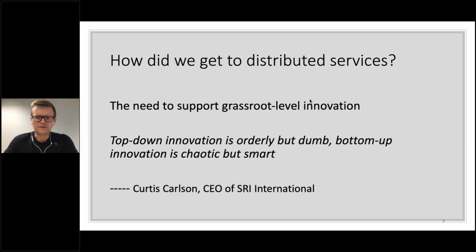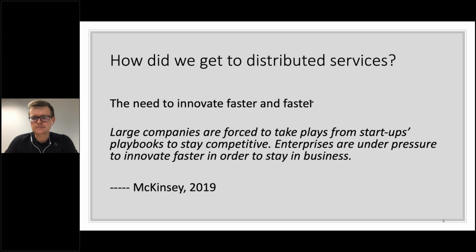It's really grassroots-level innovation that fosters innovation in both small and large companies. And also, the very same companies feel the need to innovate faster and faster. So even the largest companies are forced to pick up chapters from the startup playbook and follow those or be ousted from the business.